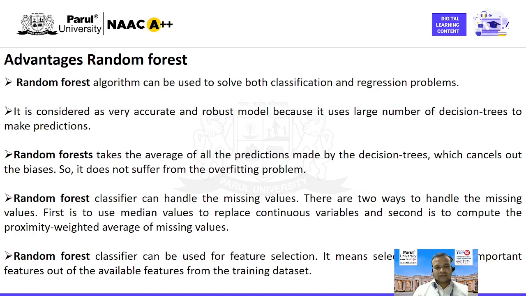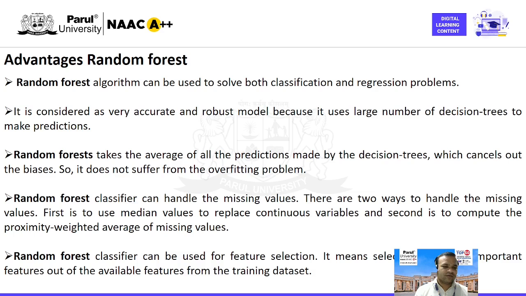Random forest takes the average of all predictions made by the decision trees, which cancels out the bias. So it does not suffer from the overfitting problem. Remember this. There is no bias, and whenever we apply this method, no overfitting problems arise.